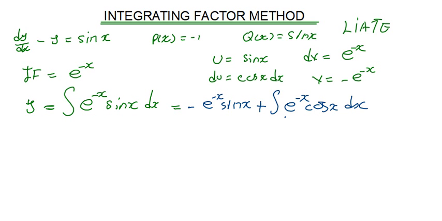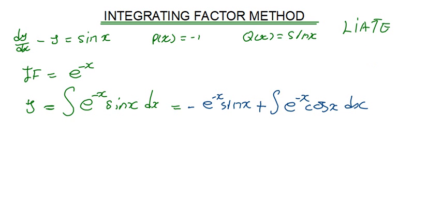You observe that here we can use integration by parts for the second time. So now our u is equal to cos x, and our dv is still e to the minus x. So my du will be equal to minus sine x dx, and my v is still minus e to the minus x.